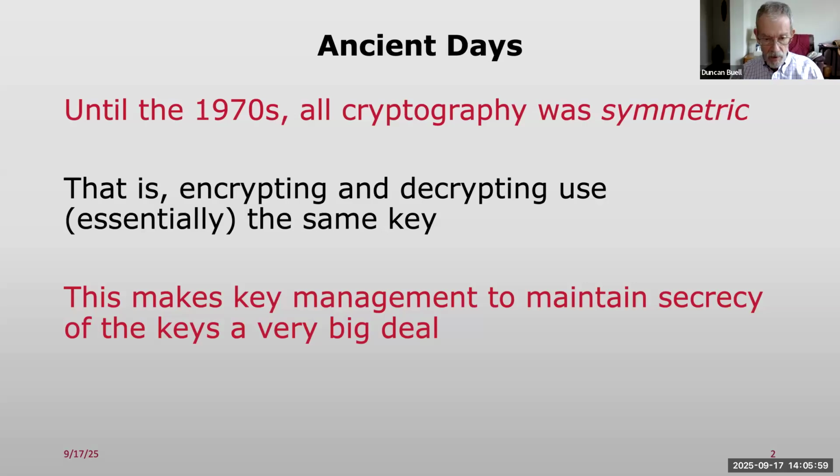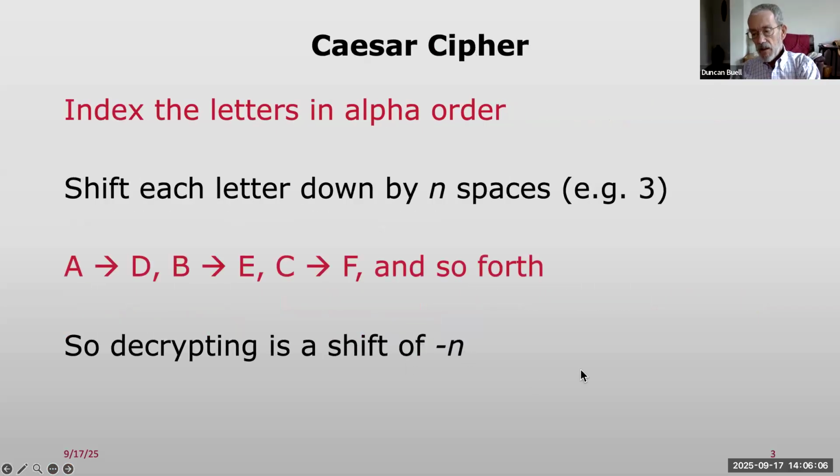Now, as an example, the simplest example of this is the Caesar cipher. You index the letters A, B, C, D, E, F, etc., and you write the message out, and then you shift each letter down by some fixed number of spaces. The classic example is 3, so that an A turns into a D, a B turns into an E, a C turns into an F, and so forth.